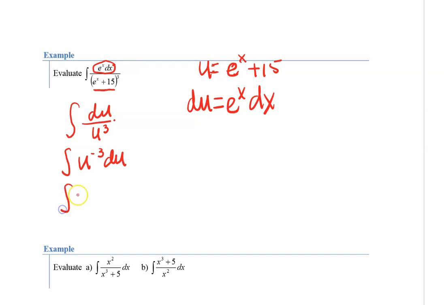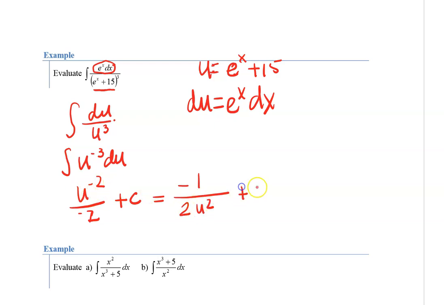And so this would be add 1 to the exponent, divide by the new exponent, plus c, and clean that up. So that would be negative 1/2. Oh, let me rewrite that. So that would be equal to negative 1/2, and go ahead and move that u to the negative 2 back on bottom.